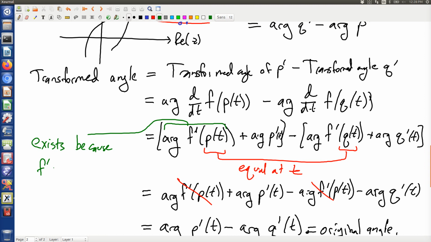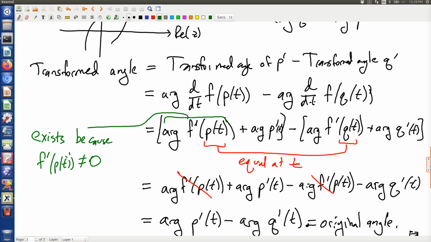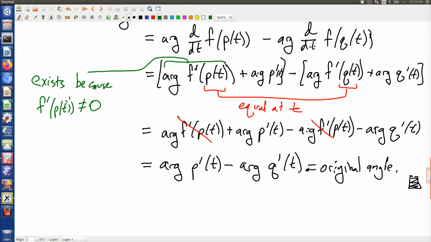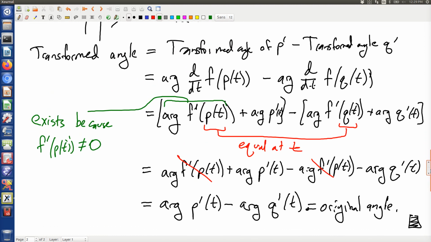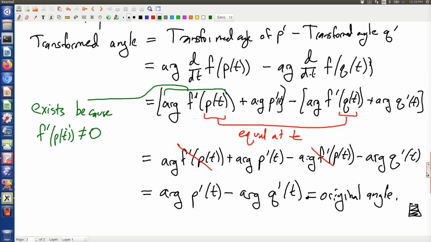F prime of p of t is not 0. If it were equal to 0, it doesn't have an angle at all. The argument is not defined. But it is defined because the derivative is not equal to 0 there. And that establishes just what we wanted. So complex analytic functions, when their derivative is not 0, preserve angle.